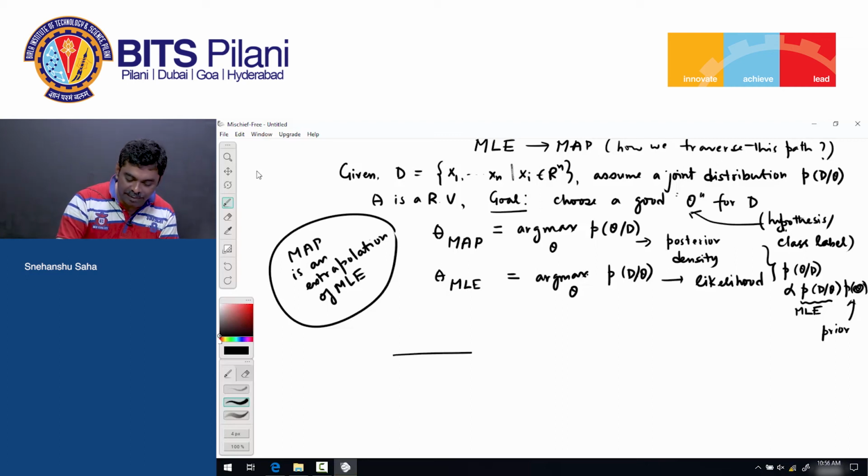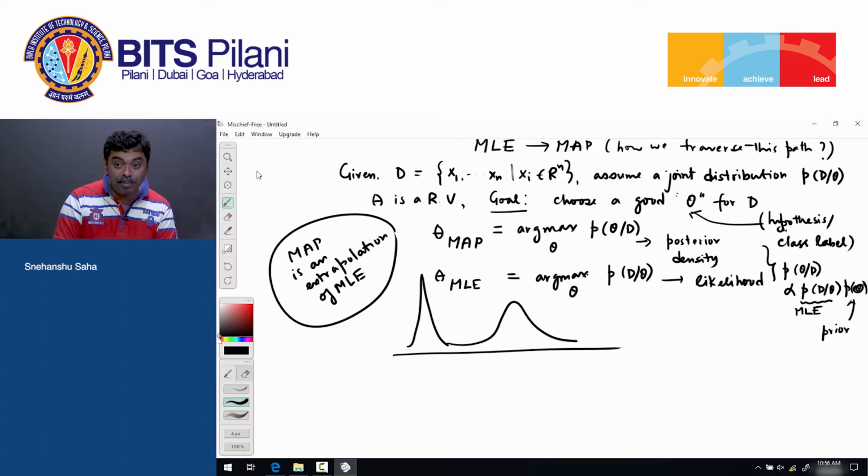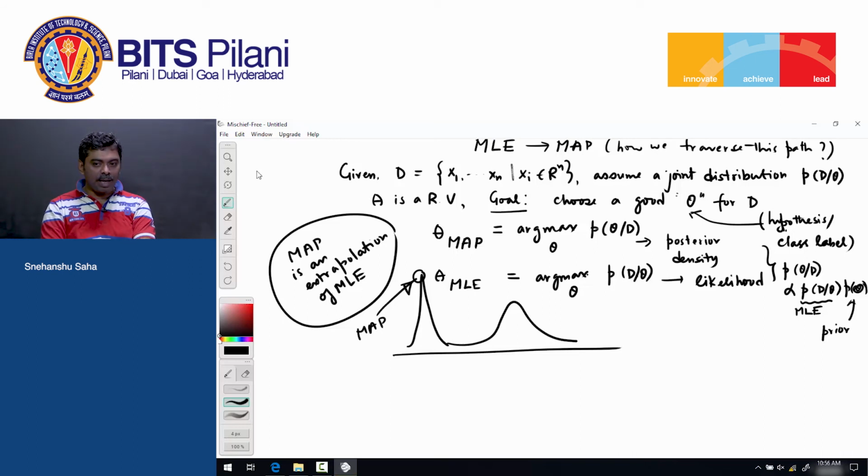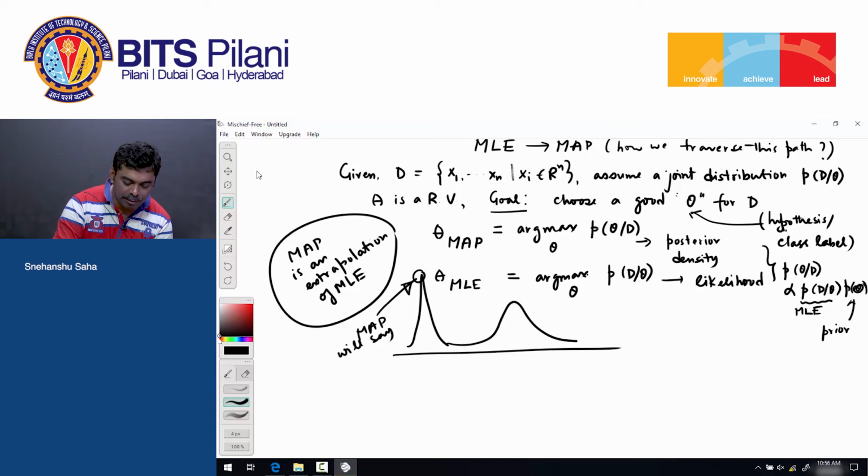If I have something like this and you do a MAP on this, obviously because it's a maximum a posteriori, MAP will say that your parameters are maximized here, but that's not true.